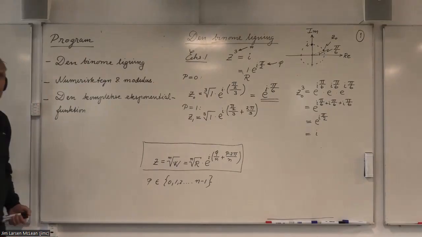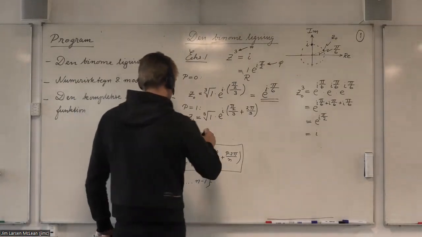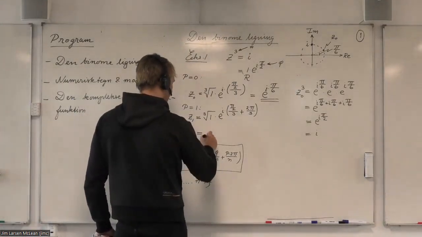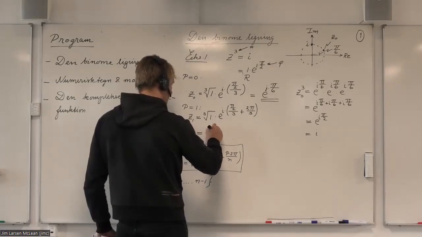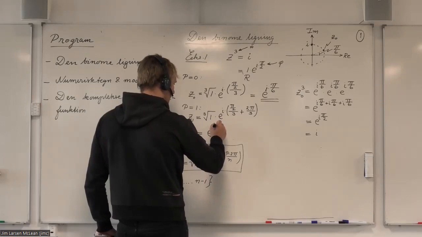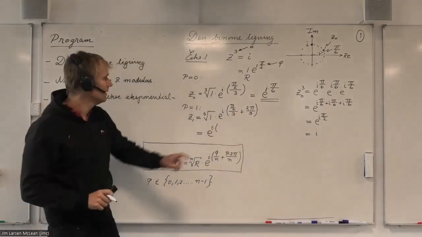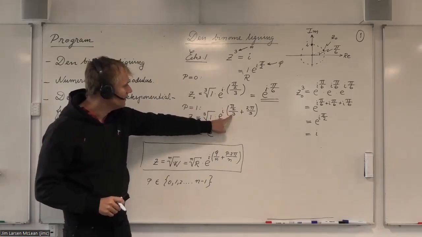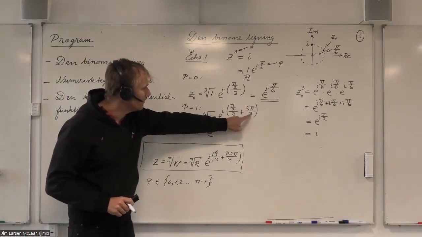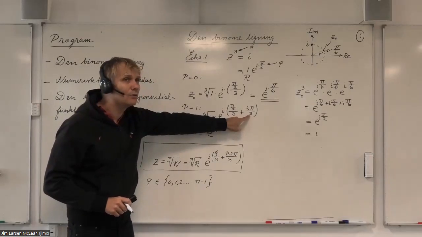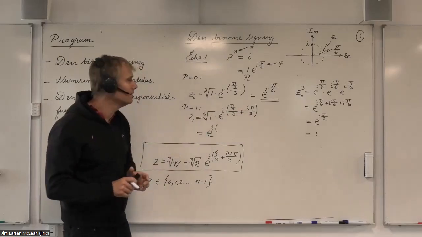So this is the next solution, and we can also finish writing it, because the cube root of 1 is still 1, which I needn't write, times Euler's number raised to the power of i times pi over 6 plus 2 pi over 3. This can be combined by extending 2 pi over 3 in both numerator and denominator by 2, so it also becomes some sort of sixth.